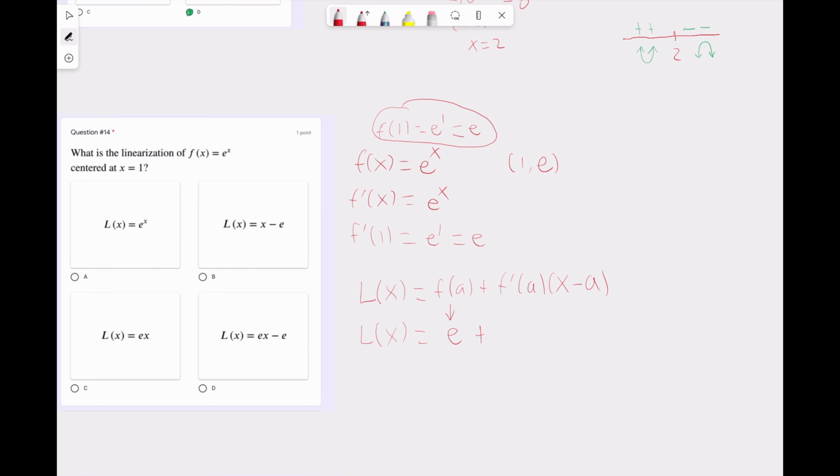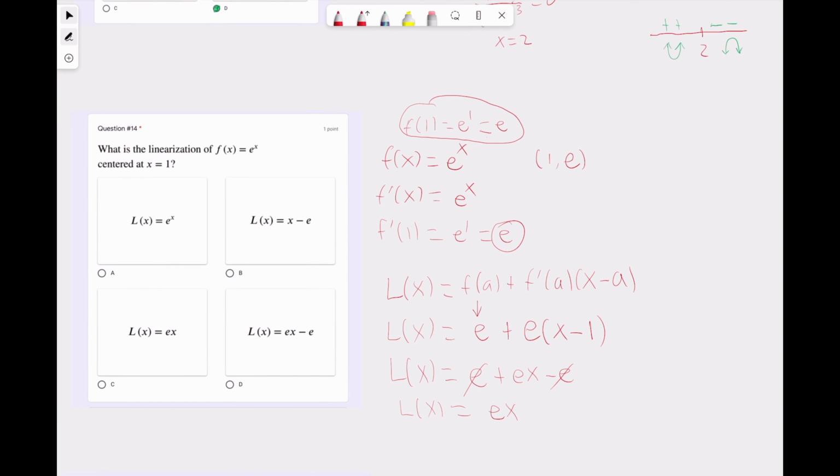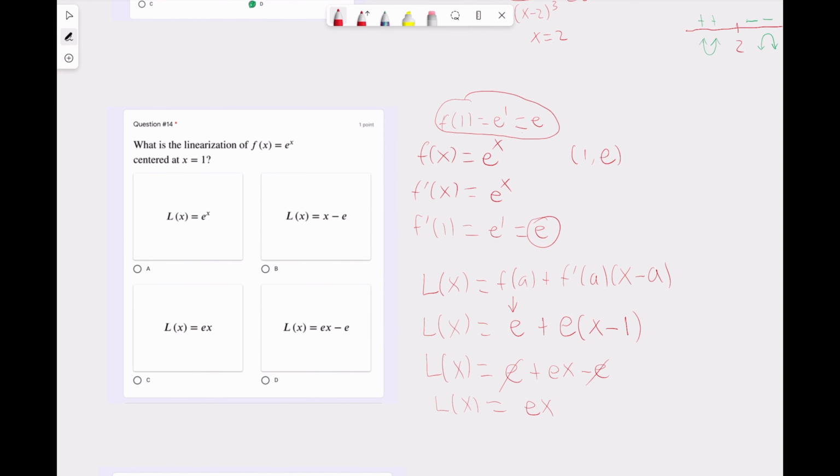Our slope is e again. Times x minus a. Our a value is 1. So finishing this up, we will get e plus ex minus e, and then it will just be ex. The e will cancel. So L of x is equal to e times x. So our answer is C.